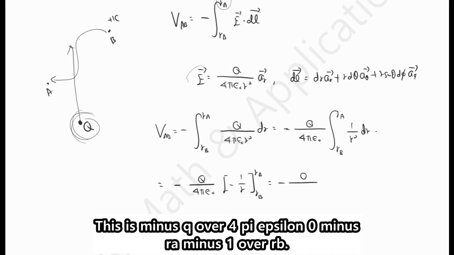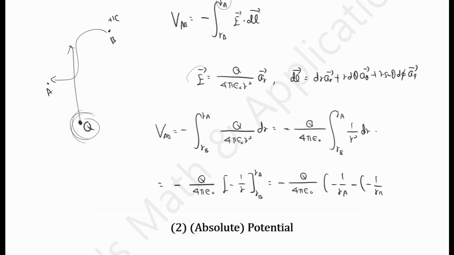It's minus Q over 4 pi epsilon 0 times minus, 1 over RA minus 1 over RB.